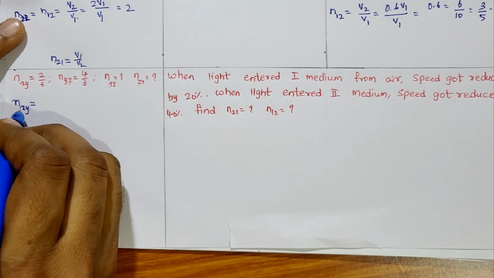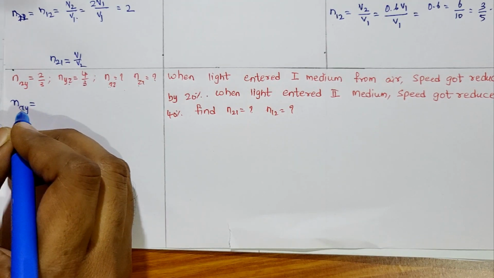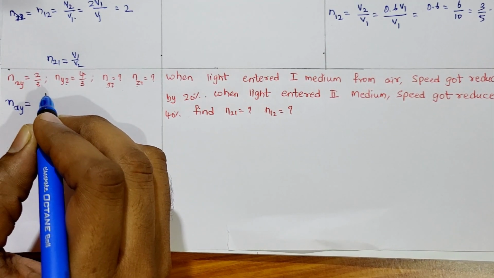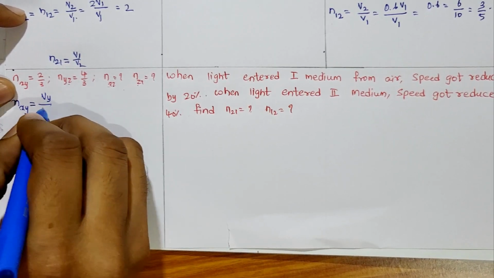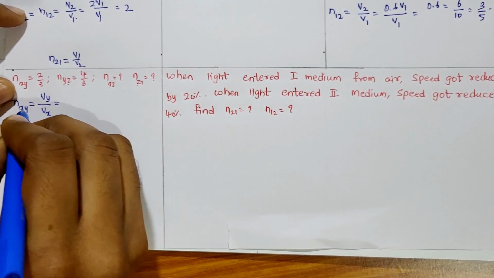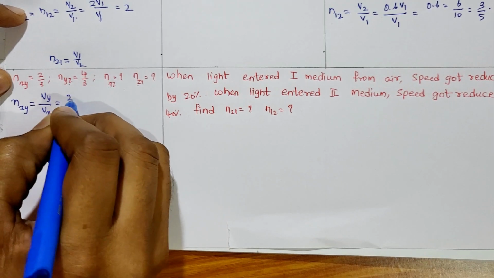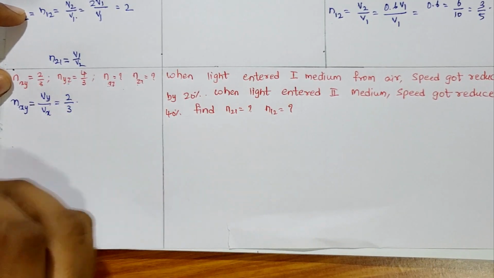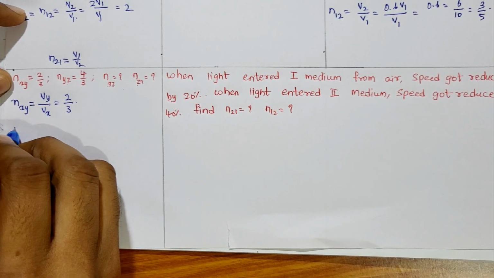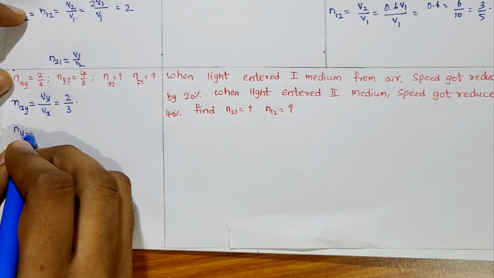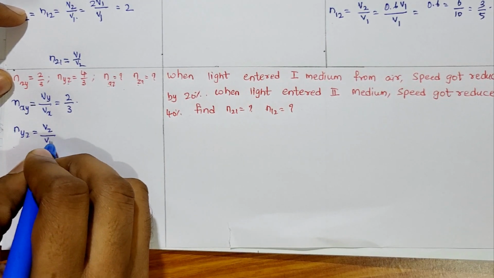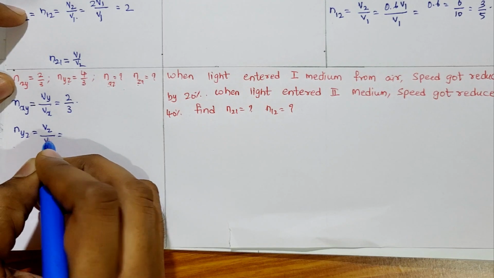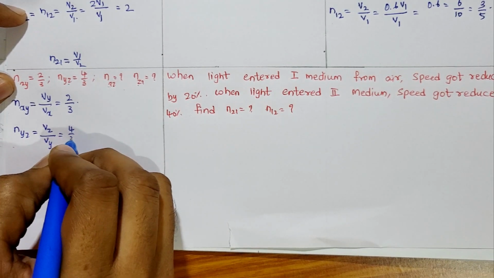So refractive index of X with respect to Y can be written as Vy divided by Vx, and that value they gave as 2 divided by 3. Now, Nyz can be written as Vz divided by Vy. That value they gave as 4 divided by 3.